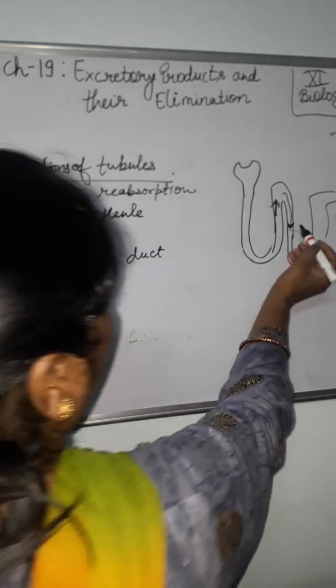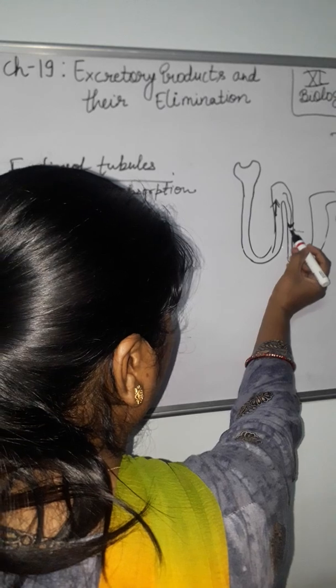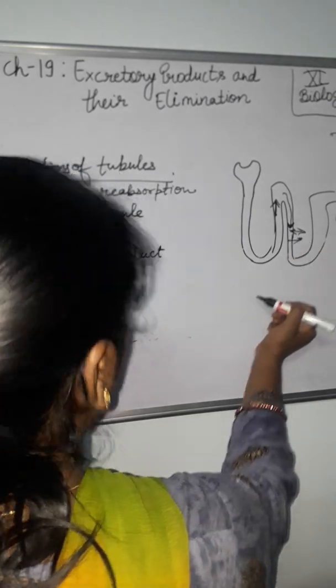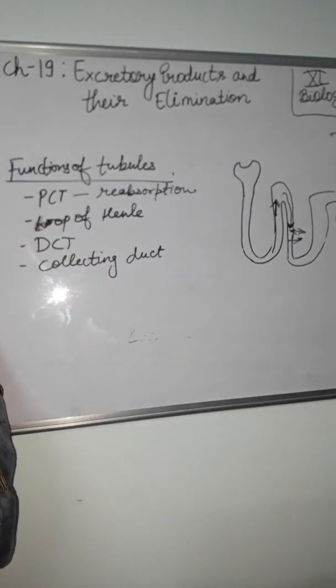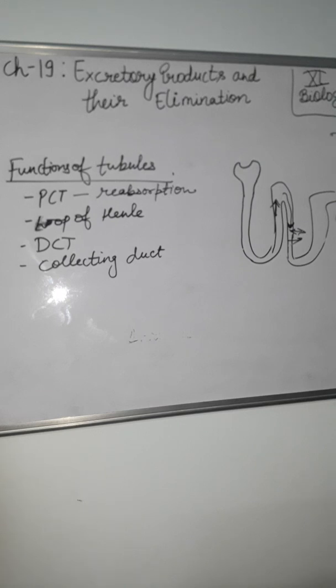Permeable to water but impermeable to electrolyte, यानी कि water को तो अंदर बाहर आने देता है लेकिन solutes को नहीं आने देता है. Okay, and the ascending limb is impermeable to water but allows the transport of electrolytes actively or passively. Therefore, as the concentrated filtrate passes upward, it gets diluted by the passage of electrolyte to the medullary fluid.